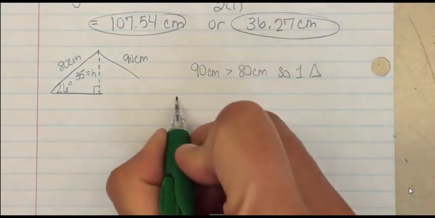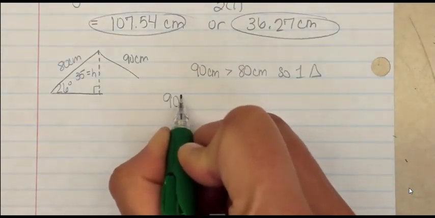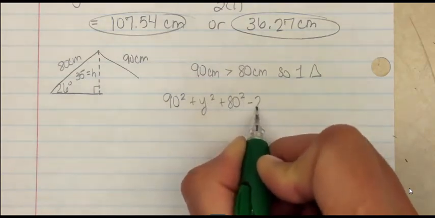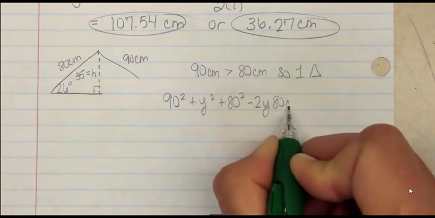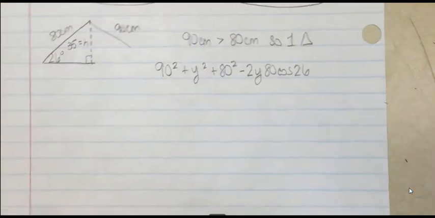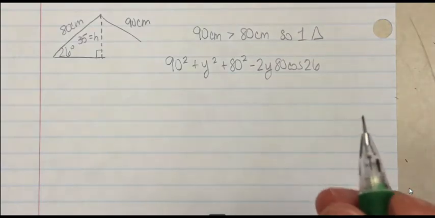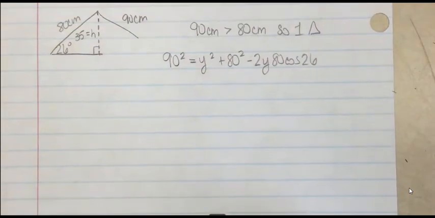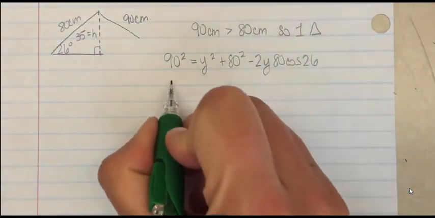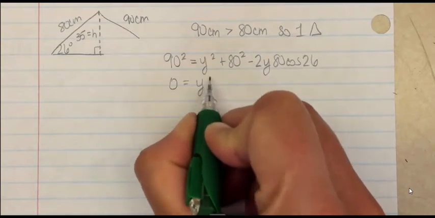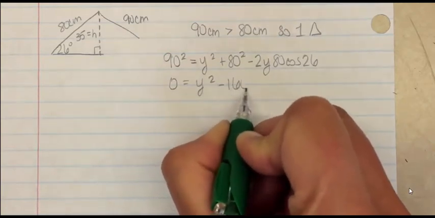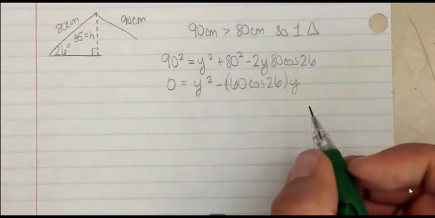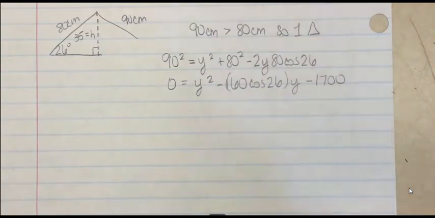Or I could have used law of cosines. So if I do 90 squared equals y squared plus 80 squared minus 2y 80 cosine 26, and then I turn this into my quadratic form, I'm going to end up with 0 equals y squared minus 160 cosine 26 y minus 1700.